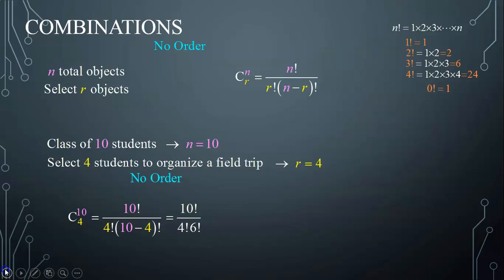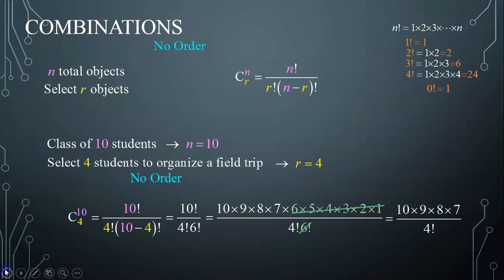Now you could evaluate that right now using your calculator if you have access to one. But without your calculator, you could evaluate that by starting to expand 10 factorial into the product from 1 to 10. Notice that at the numerator, the product from 1 to 6 is the same as 6 factorial. So those cancel out, leaving us with 10 times 9 times 8 times 7 divided by 4 factorial.